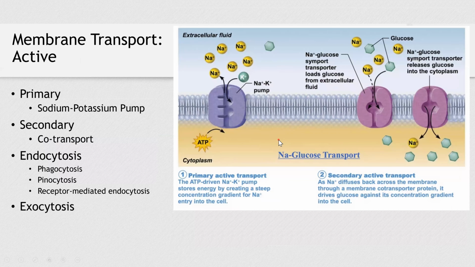Now, active transport requires ATP energy. When we talk about active transport, we have primary transport and secondary active transport. Now, what is the difference? Let's say this is transport 1, this is transport 2. Which one of them is primary, and which is secondary? The primary transport directly uses ATP energy, and it moves substances against their concentration gradient.